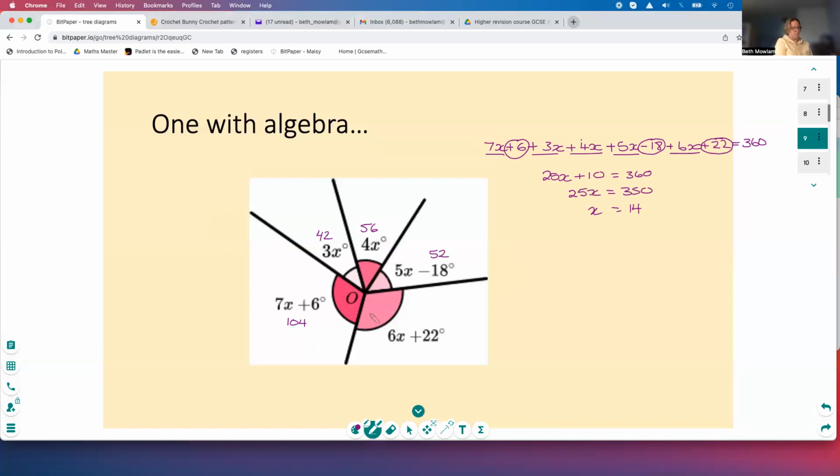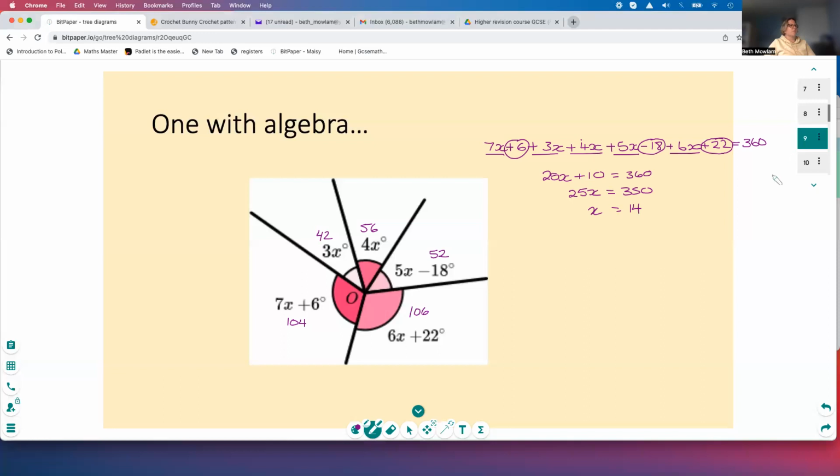And 6 times 14 plus 22 is 106. Remember, if we've done it right, if I add those together, they should give me 360, which they do. So we've done them right. So you can see this again, you're hitting your kind of grade 5 topic here. You're asked with your angles around a point, so it's incorporating that algebra into the angles.